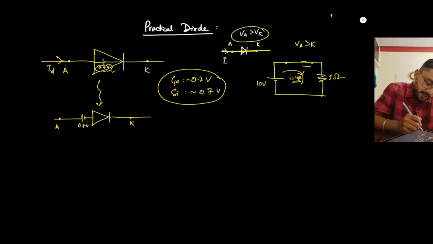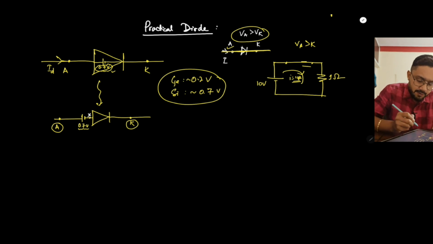Previously, when we didn't consider this 0.7 volt, the condition was that the anode voltage should be greater than the cathode voltage. But now, when there is a 0.7 volt drop, let's assume a point here and denote it as X. Now the condition for the diode to conduct is that Vx should be greater than Vk. This is now the new condition for the diode to conduct.